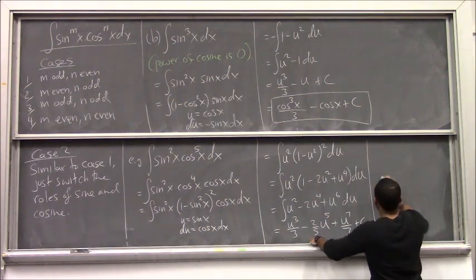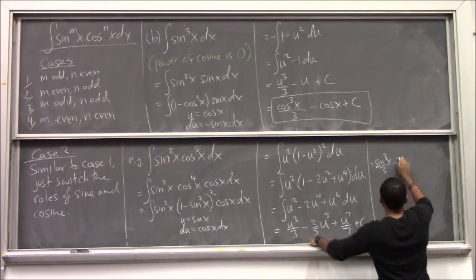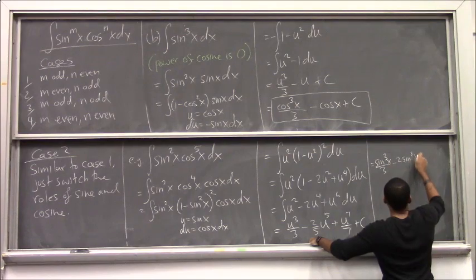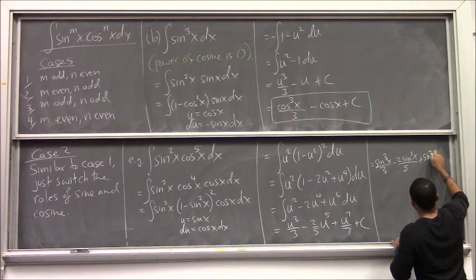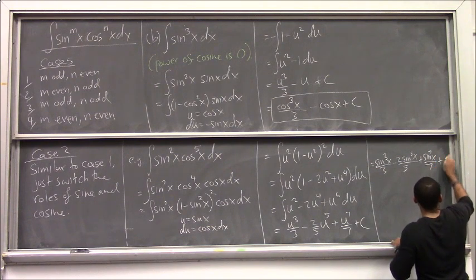So this is going to be sine cubed over 3 minus 2 sine to the fifth over 5 plus sine to the seventh over 7 plus c.